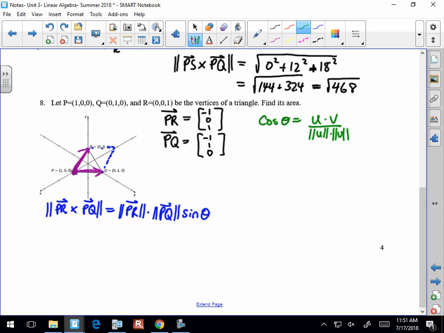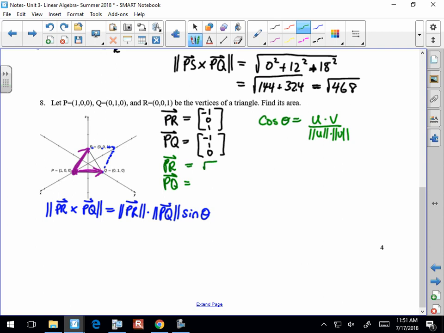All right, so in this case, I'll just crank out the magnitudes of these two vectors real quick because it's very easy. That's the other reason why I'm choosing to do it this way. So it's the sum of the squares rooted.